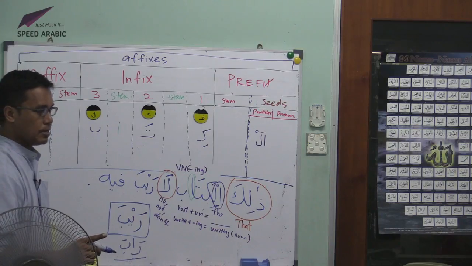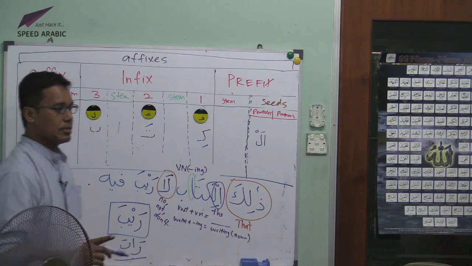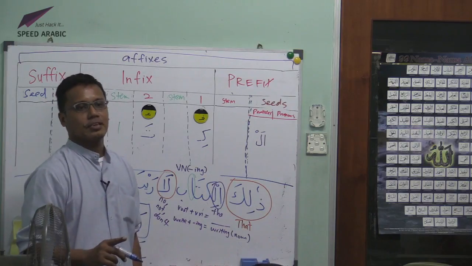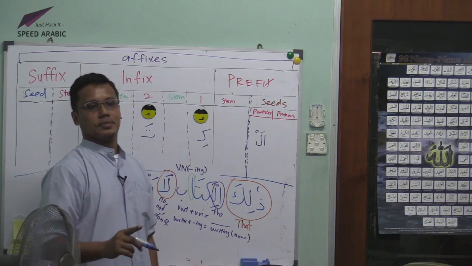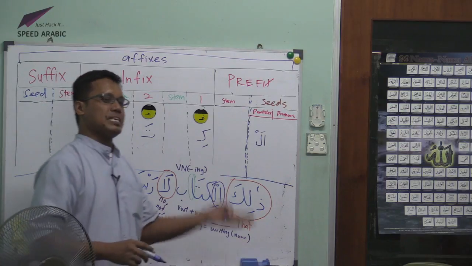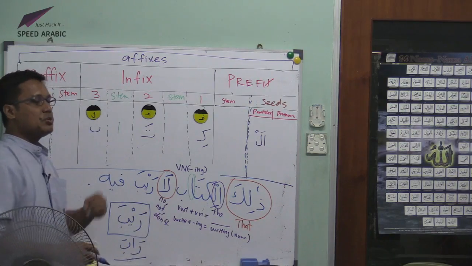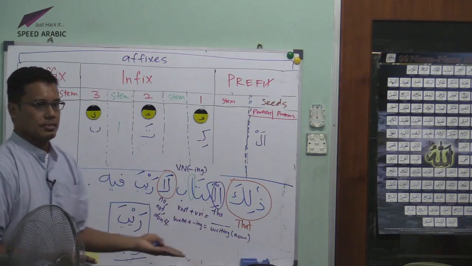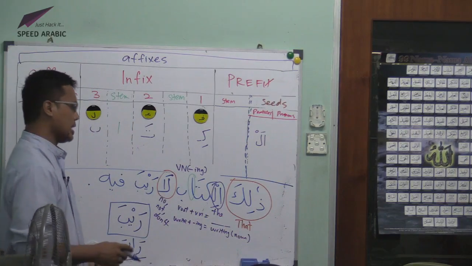Can you see Ra, Alif, Ba? Okay, if you see it, you are lucky, because you won't find it in the beginning. You will find it at the end.